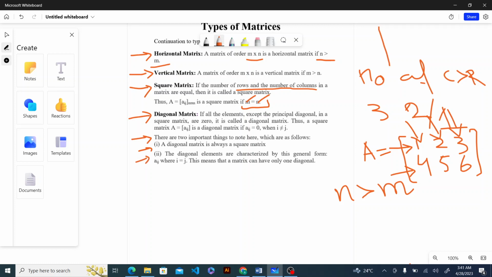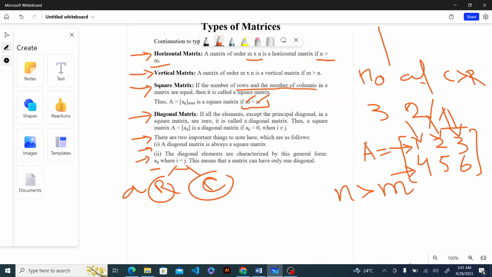Number 2, the diagonal elements are characterized by the general form Aij where i is equal to j. i shows the row position and j shows the column position of an element A. This means that a matrix can have only one diagonal.